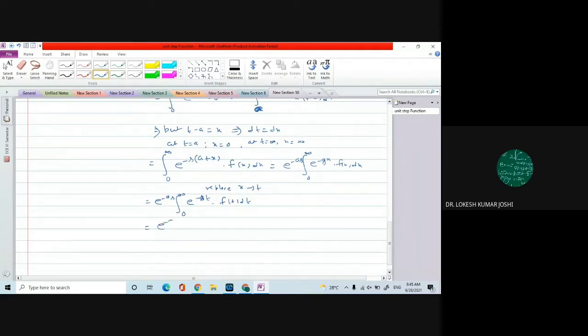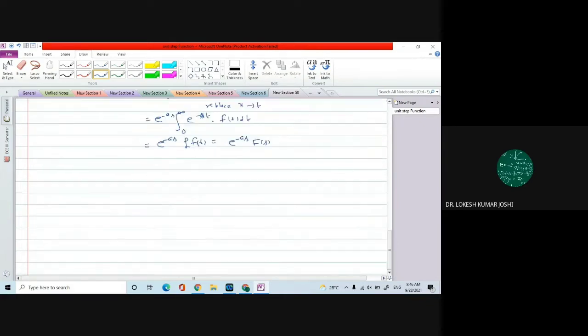We can write e to the power minus as Laplace of f(t), and if we write it F(s), then this will become e to the power minus as into F(s). Therefore, we can write the Laplace transform of f(t minus a) u(t minus a) equals e to the power minus as into F(s).